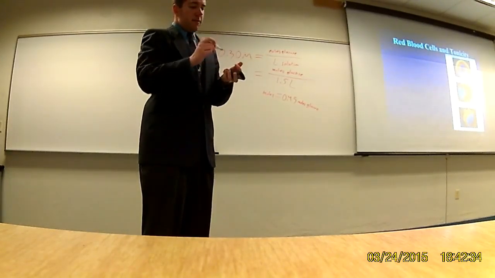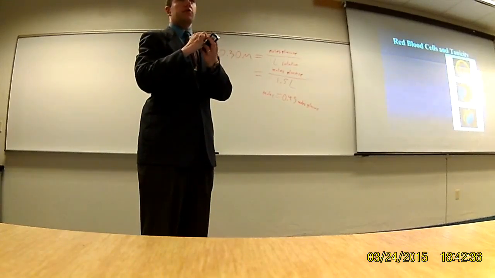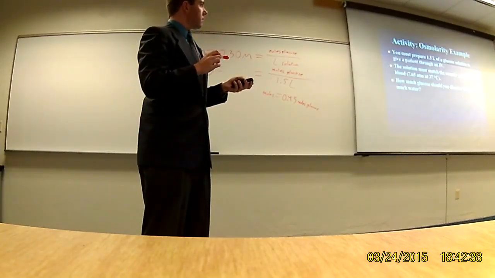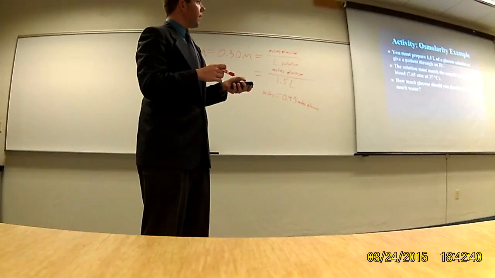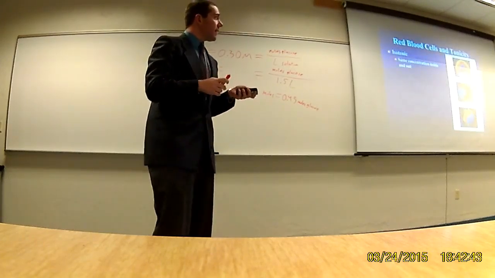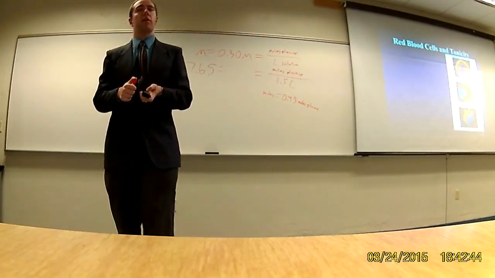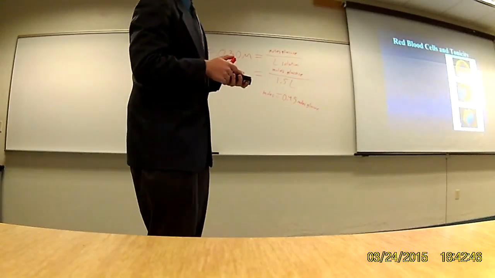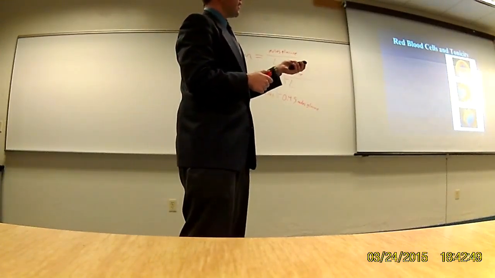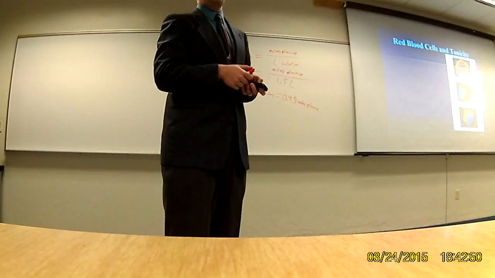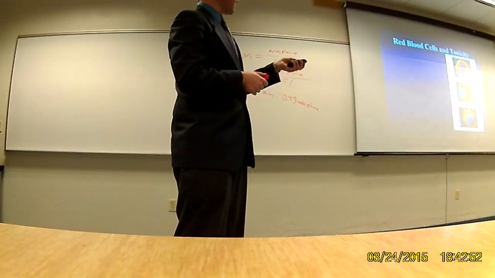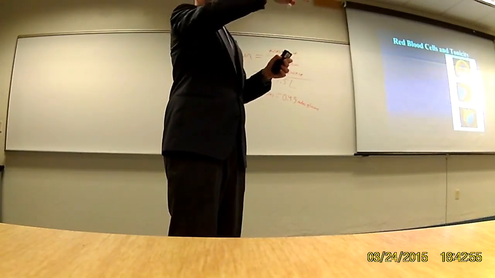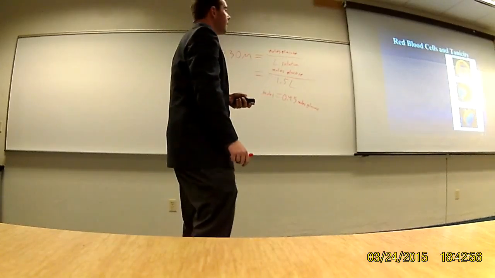We said that osmotic pressure is really important in the body. The easiest way to see this is with red blood cells. A red blood cell normally has this kind of dimpled donut shape. Okay? It's round, in the center there's a divot.